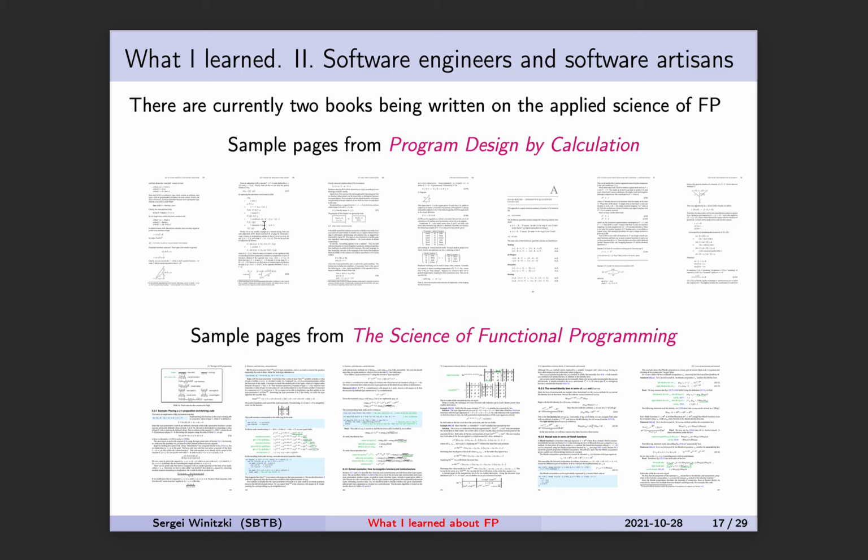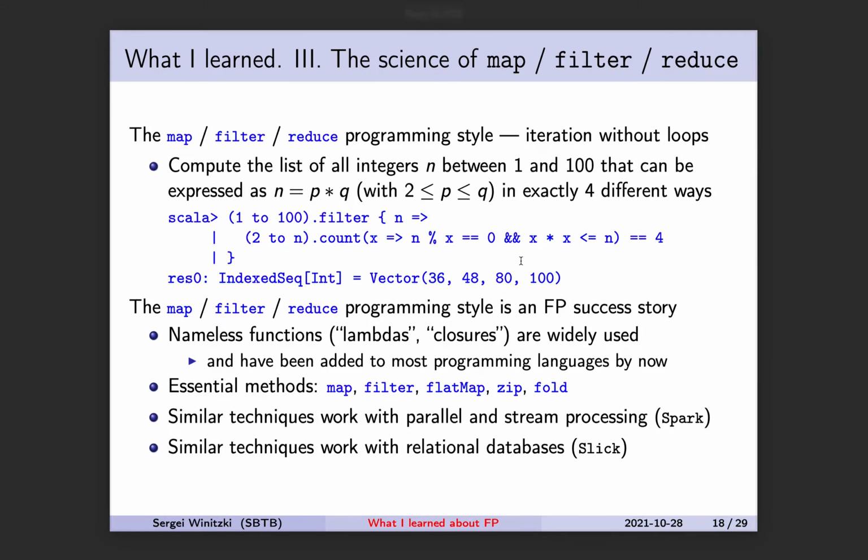They have derivations, they have math, they have some diagrams, and not just code and text as the books on software engineering that we have now. So these are the differences. Functional programming makes programmers more like engineers.